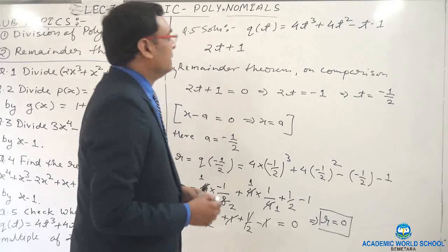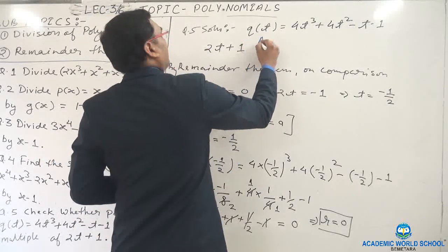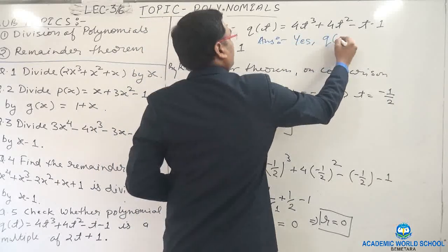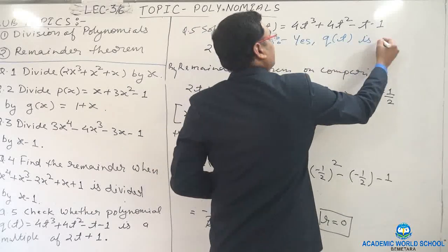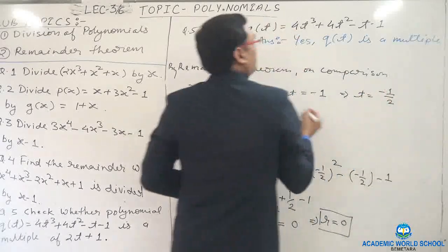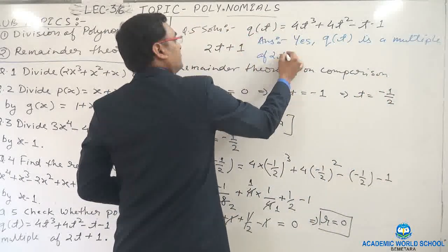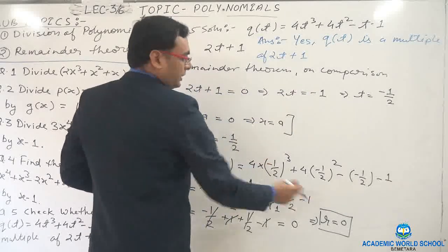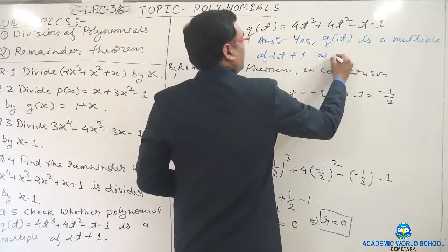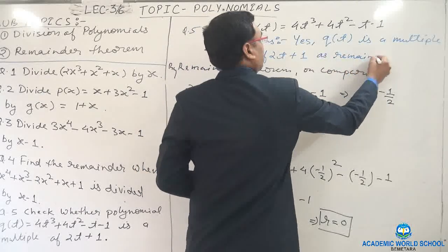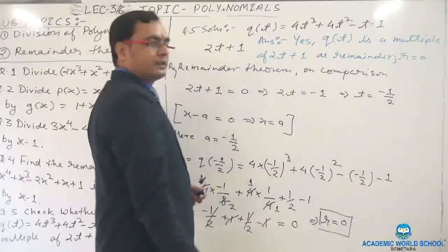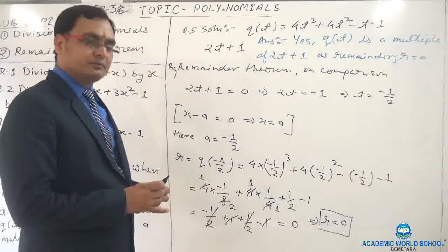So we can write here as answer, yes, q(t) is a multiple of 2t plus 1 because the remainder r is equal to 0, we got by remainder theorem.